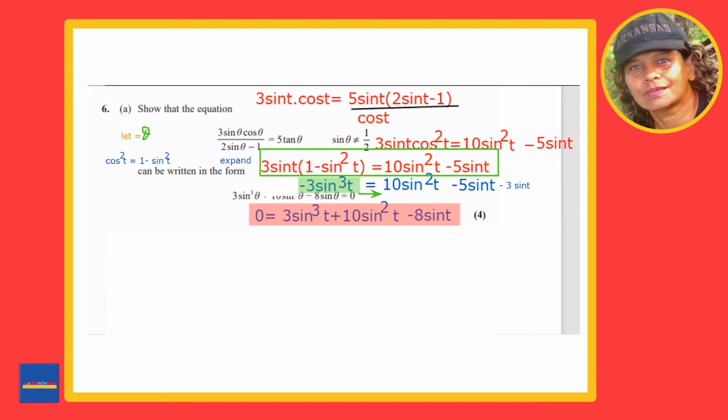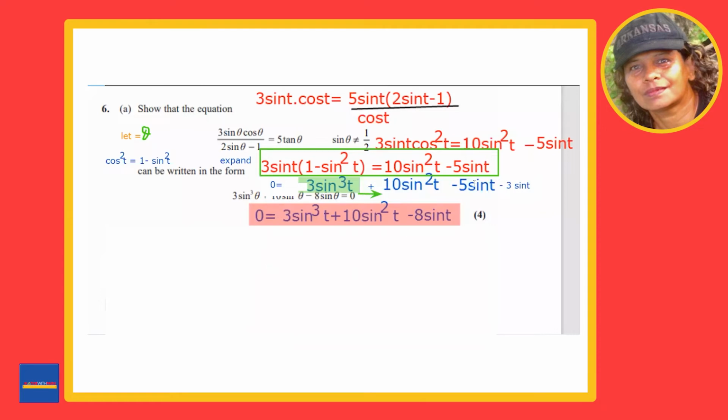If I take the minus 3 sine cubed t to the right-hand side, it becomes a plus 3 sine cubed t, and my left-hand side is going to remain 0. So now what I have is 3 sine cubed t plus 10 sine squared t.